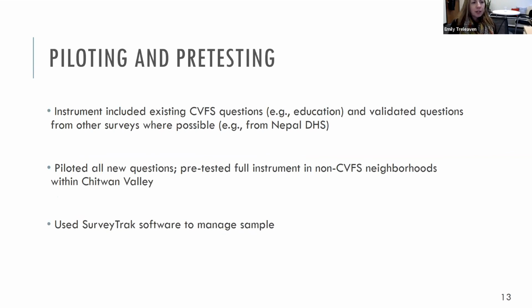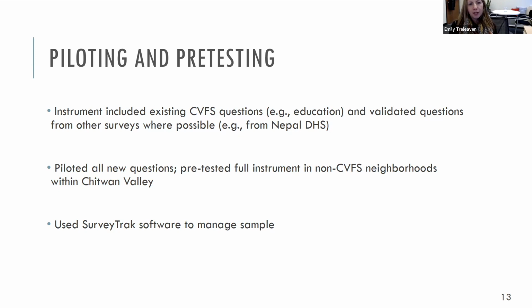The instrument included existing CVFS questions, so standard questions about educational attainment and other basic socioeconomic indicators that we've used in prior surveys, as well as validated questions from other surveys where possible for new topic areas, particularly child health.